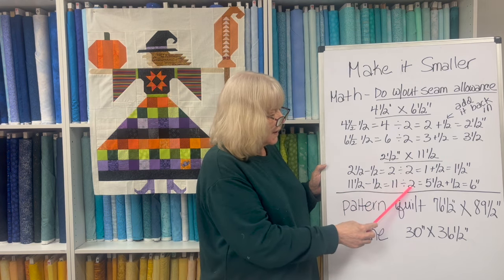So if it said cut 2.5 by 11.5, and I'm making mine 50% smaller, I would cut 1.5 by 6.